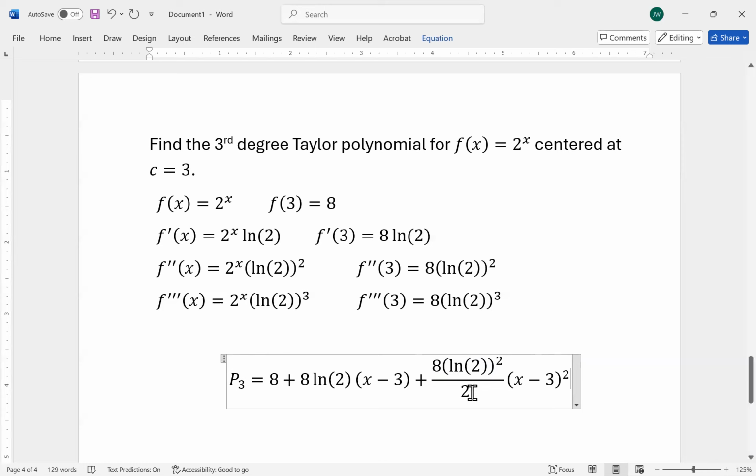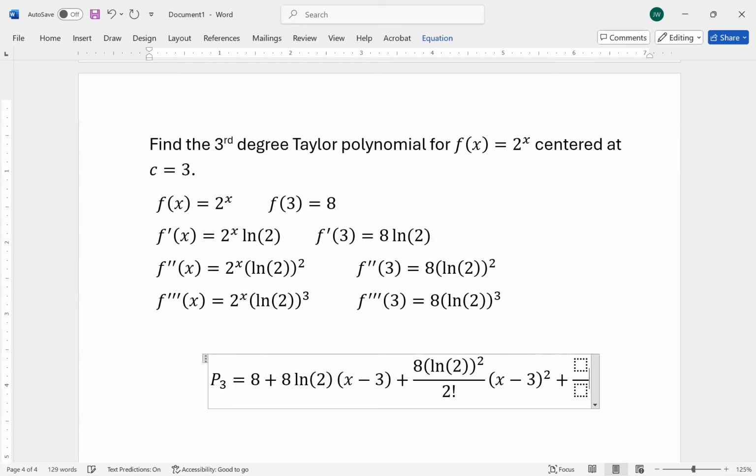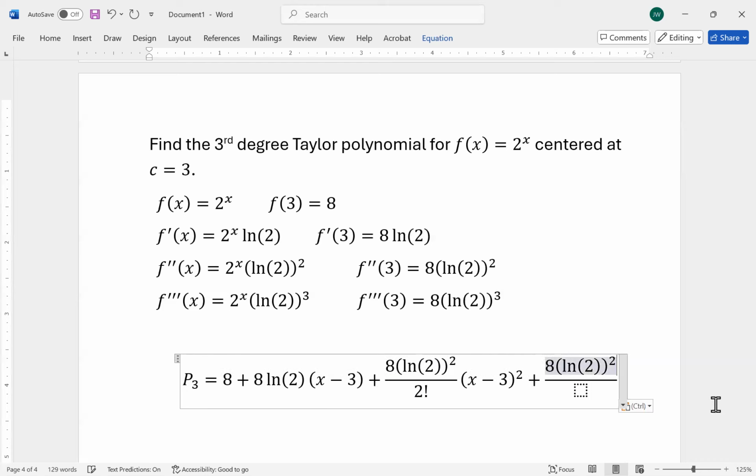If you want to simplify this, you can, but I'm making a point here, so I'm going to write it in expanded form. The third derivative is 8 times natural log of 2 cubed.